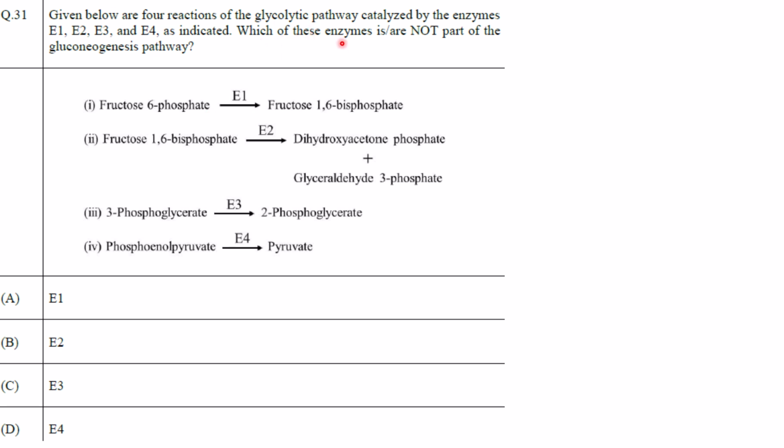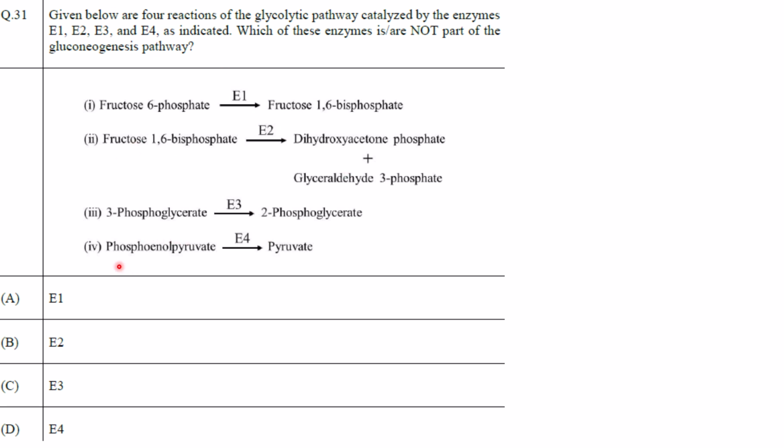So they have asked which of these enzymes is not a part of the gluconeogenesis pathway. So E1 is not a part of the gluconeogenesis pathway. Now see E2. E2 is fructose 1,6 biphosphate to dihydroxyacetone phosphate and glyceraldehyde 3 phosphate. It is isomerase. So E2 is a reversible reaction, so the same enzyme catalyzes it.